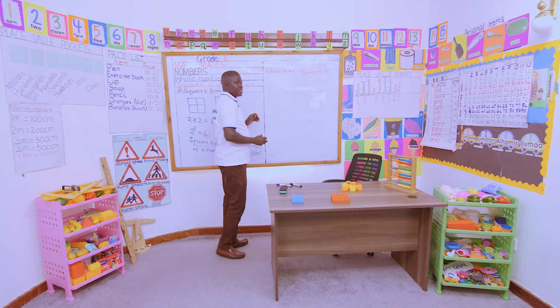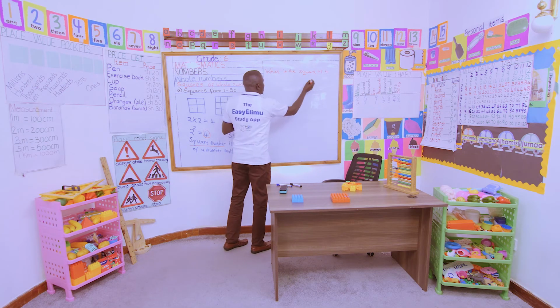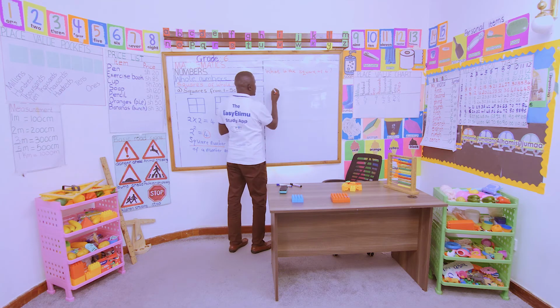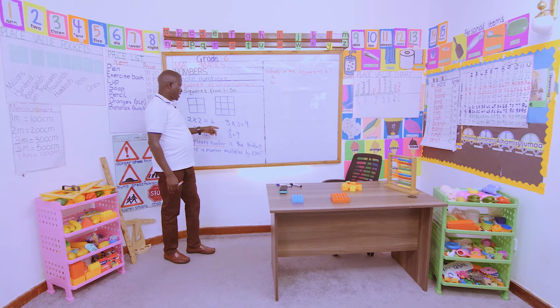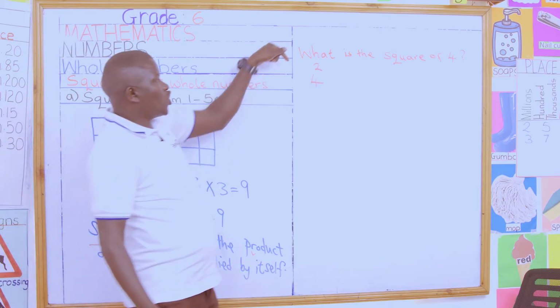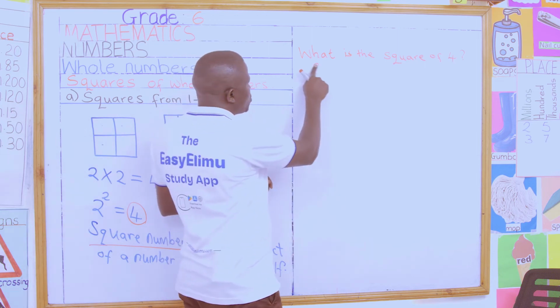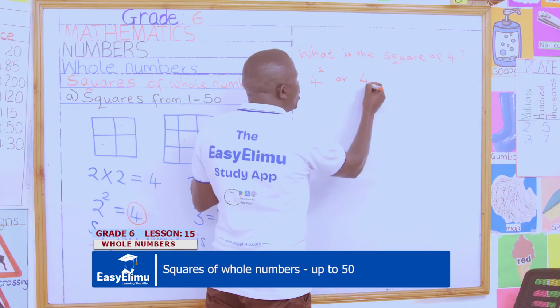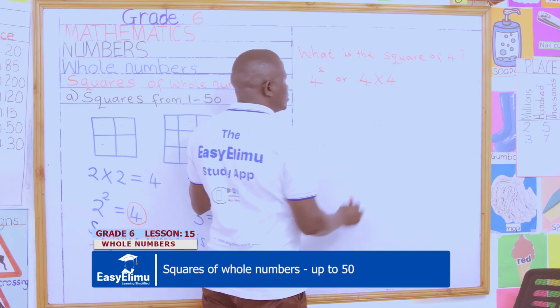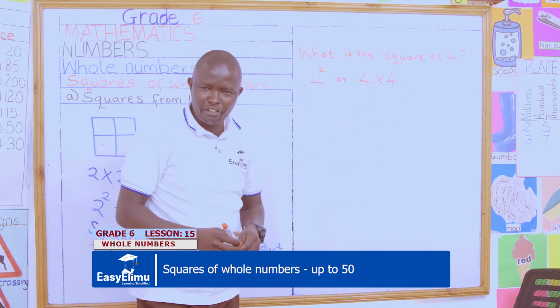In other words, it is asking, 4 multiplied by itself. 4 multiplied by itself, and it has a 2 on top. It is 4 having a 2 on top, or it is 4 multiplied by 4. So what is 4 multiplied by 4?